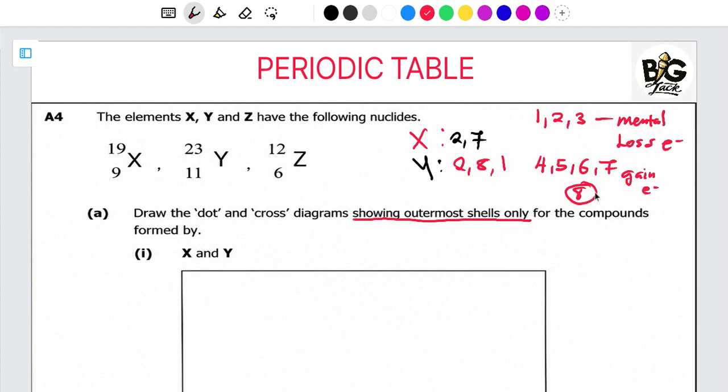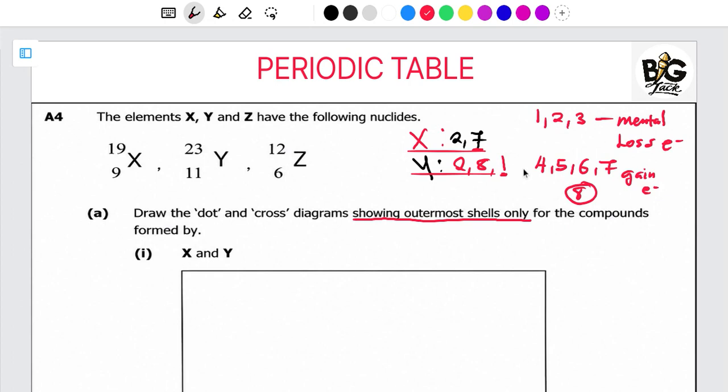Apart from that, the number of electrons in the outermost shell determines the group where the element is found. So this one is found in group 7, this one is found in group 1. So this one is a non-metal and this one is a metal.